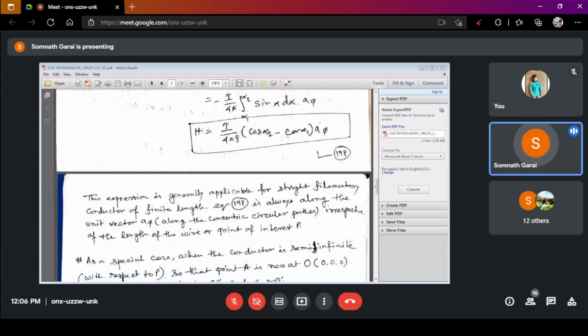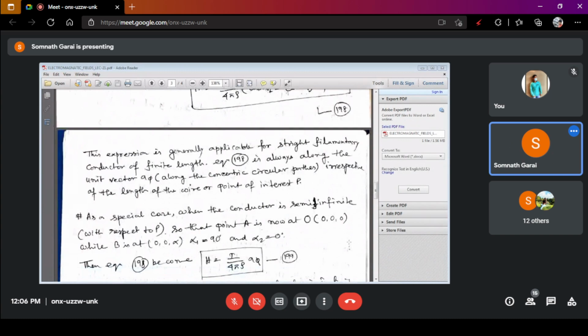Again, this expression 198 is generally applicable for a straight filamentary conductor with a finite length, and the unit vector of this magnetic field intensity is always expressed in the phi direction.